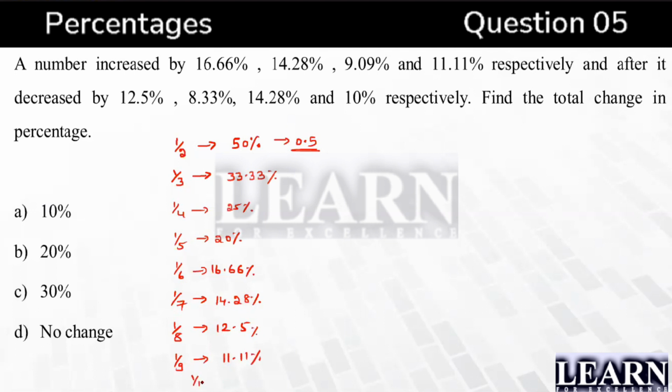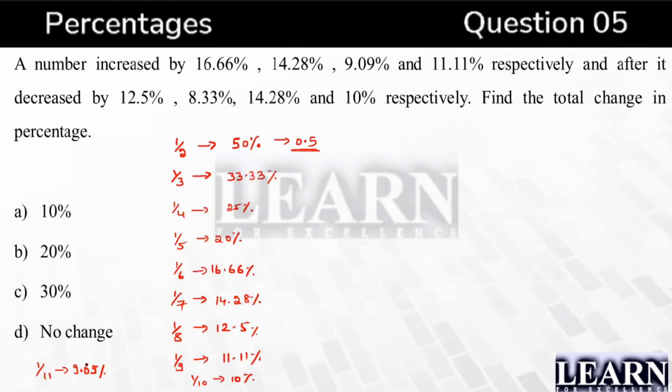And 1 by 10, we have got 10 percent. And yes, we have 1 by 11 also, which is nothing but 9.09 percent. And it goes on with the next one, 1 by 12, which will be 8.33 percent. So we need to know up to 1 by 12.